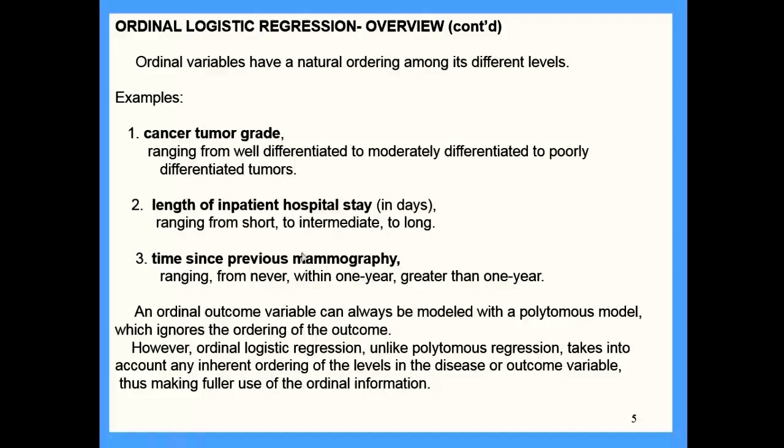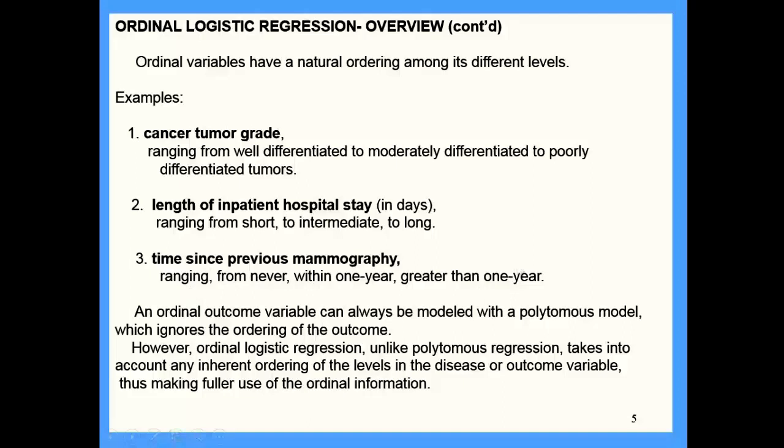Time since previous mammography. That's the example that's in the chapter in the Logistic Regression book, chapter 12. Time since previous mammography, ranging from never, within 1 year, greater than 1 year. That's ordinal. Okay?